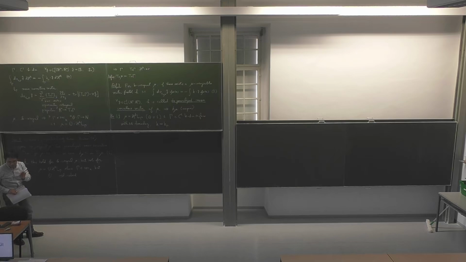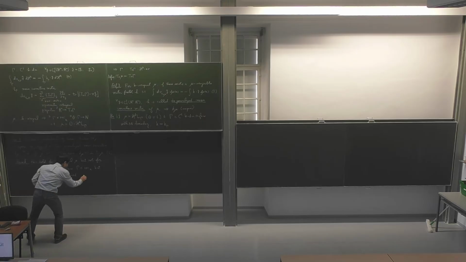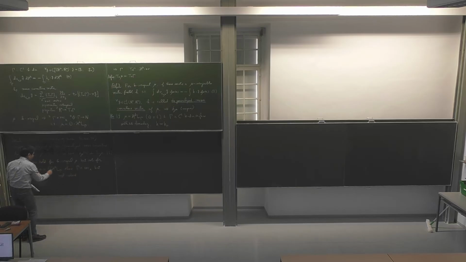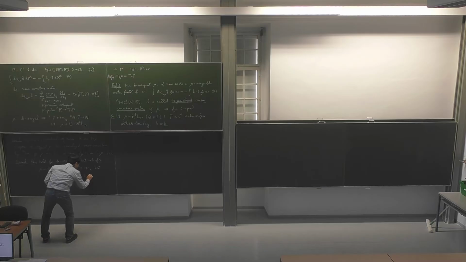So if mu has some vector field satisfying this number 5, then typically H of mu will not be perpendicular.